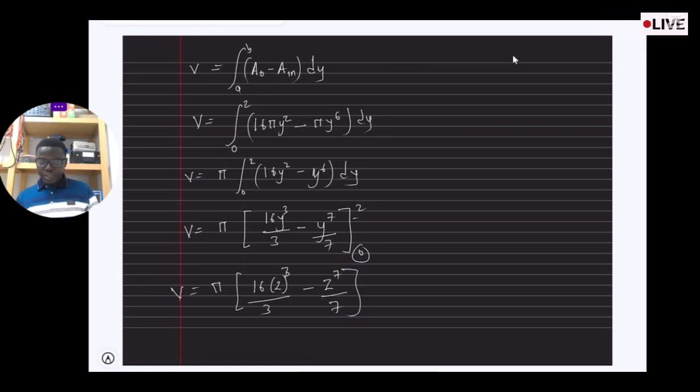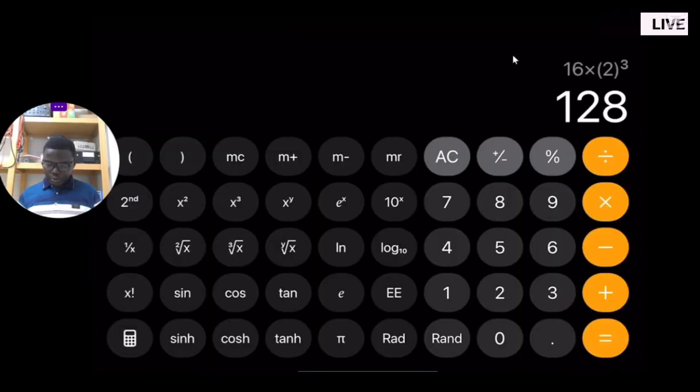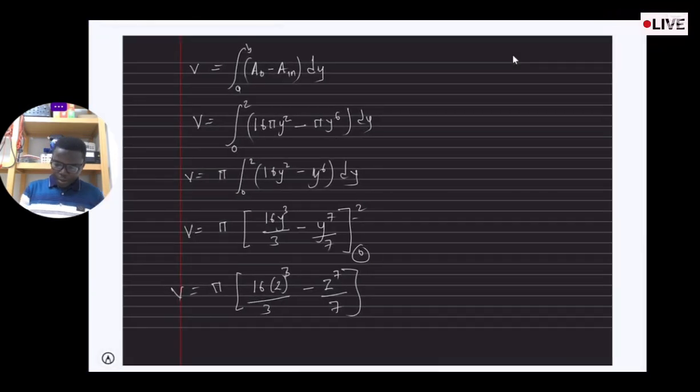When we put this into the calculator, we get V equal to pi times 128 divided by 3 minus 128 over 7.